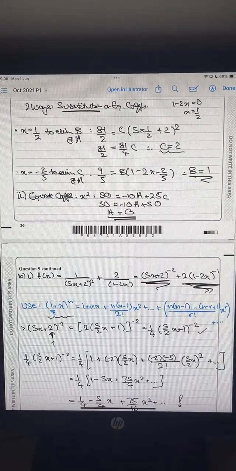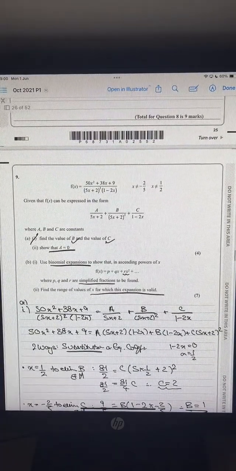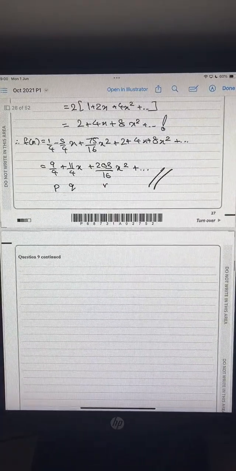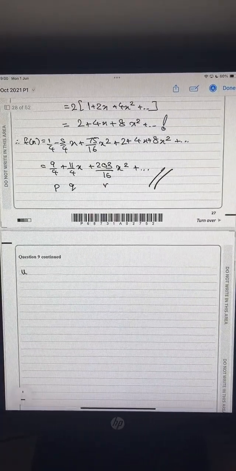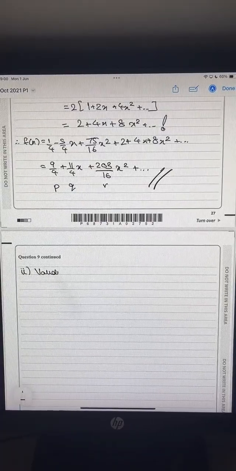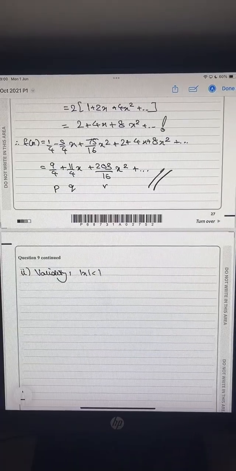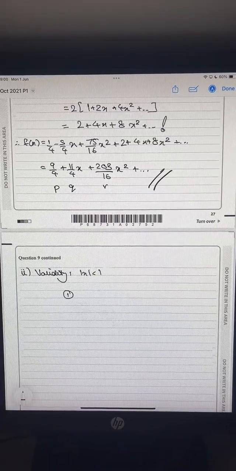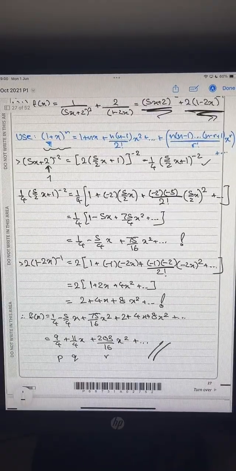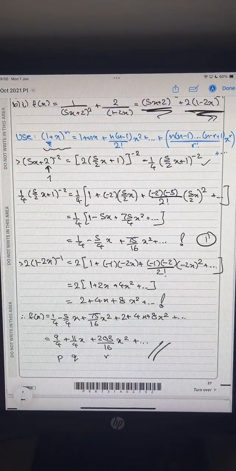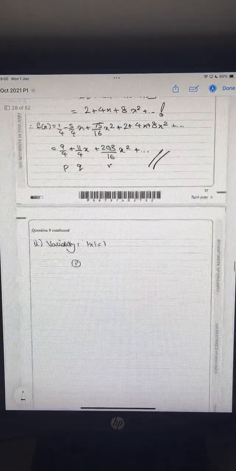So for part 2, find the range of values of x for which this expansion is valid. So the validity range always follows a similar pattern for any question you do. So we know that generally it is valid for the modulus of x less than 1. So if I look at part 1 over here, we've got 5 over 2x, not just x, as Aiden pointed out.